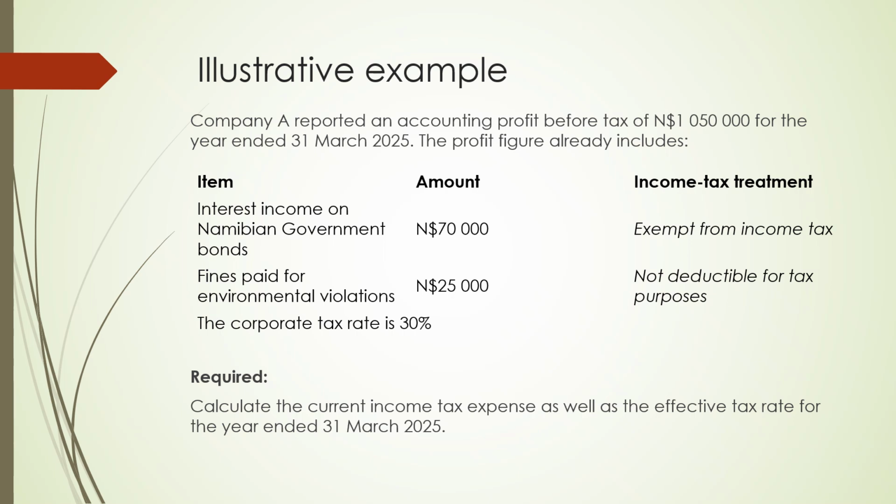This interest income is exempt from income tax. Further, the profit figure includes fines paid for environmental violations of 25,000. This 25,000 is not deductible for tax purposes. The prevailing corporate tax rate is 30%.